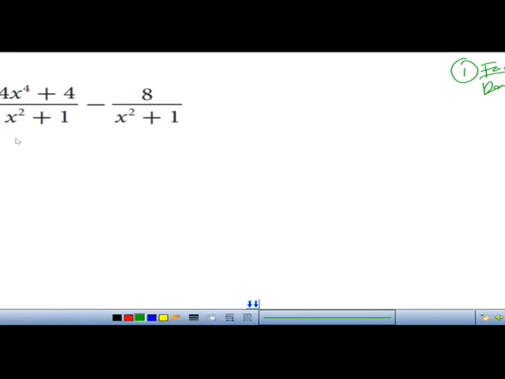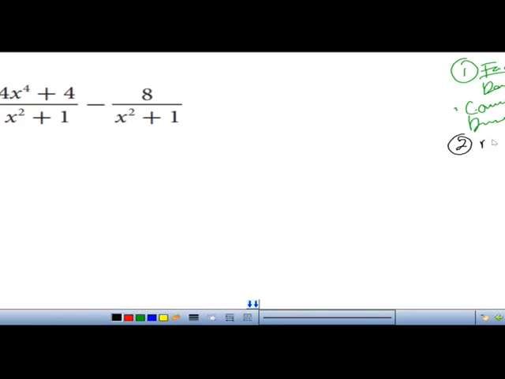Does it have a GCF other than 1? No. So this is simplified as much as we can without being able to factor it. What else do we notice? That we have a common denominator. So do we need to do anything to the denominators? No. Let's go to step 2.